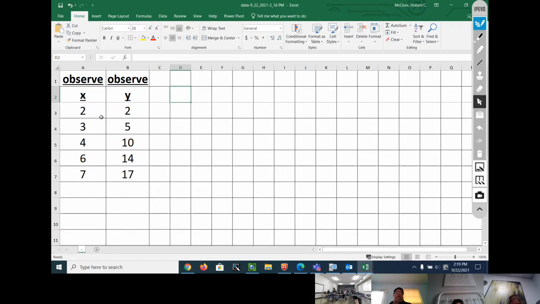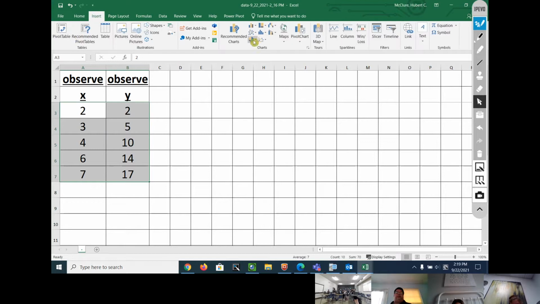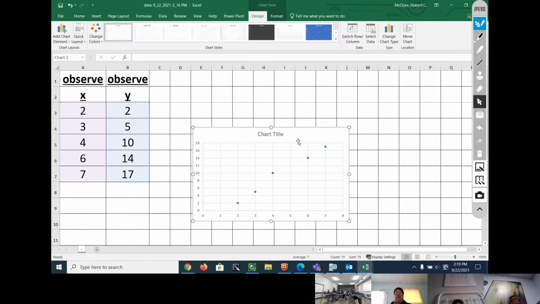Okay, if you plot these, you're going to get a chart plot, or a scatter plot, that looks like this.